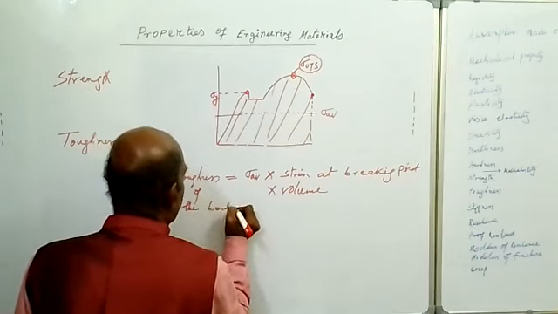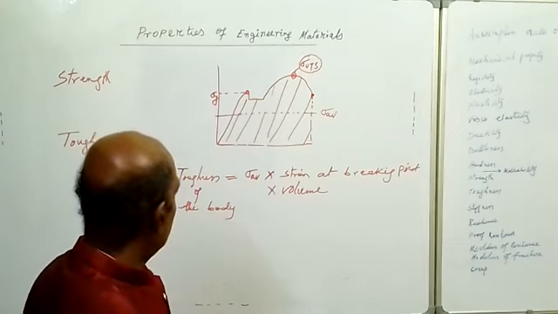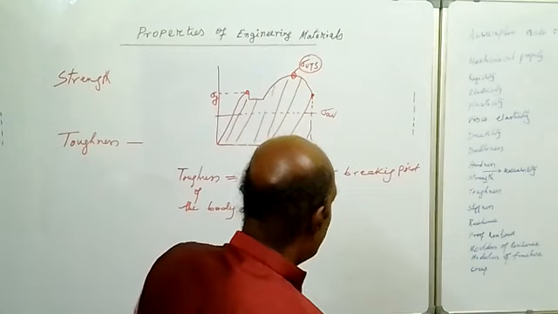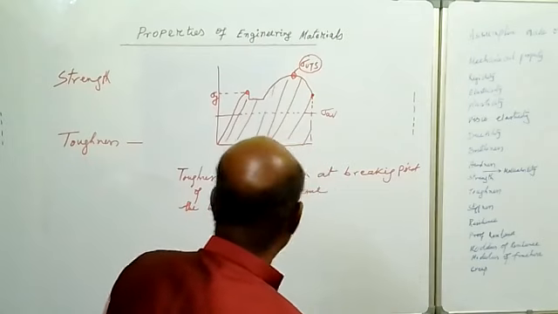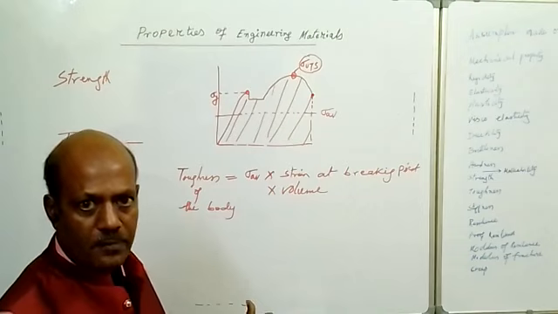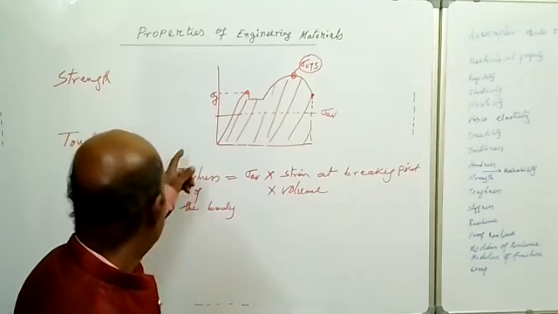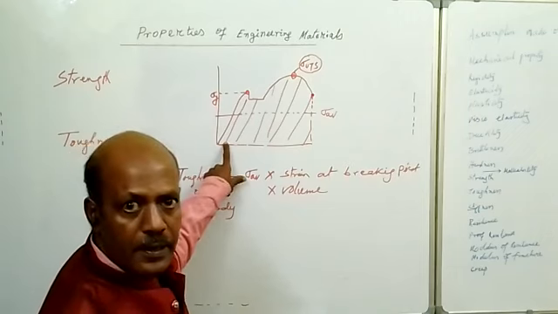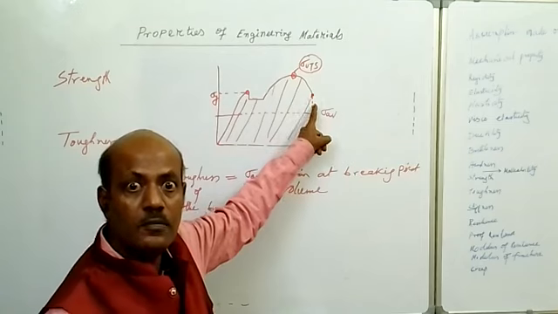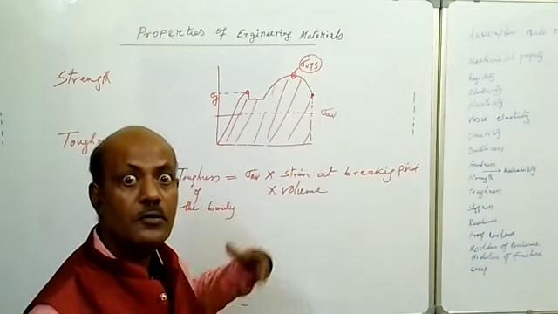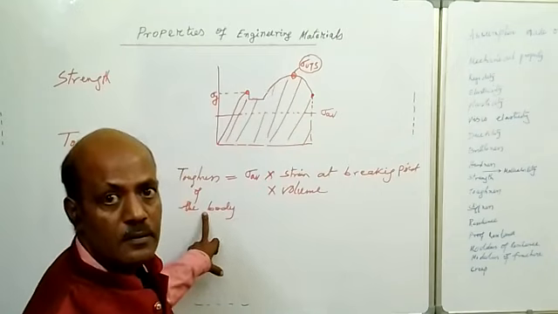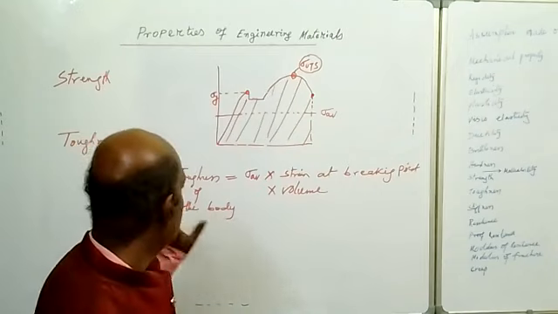Toughness is given by sigma average into strain at breaking point into volume of the body. It is the shock load carrying ability of the body, and it is given by the area under the stress strain curve up to the failure point per unit volume. If we multiply with volume, this will give you the toughness of the body.